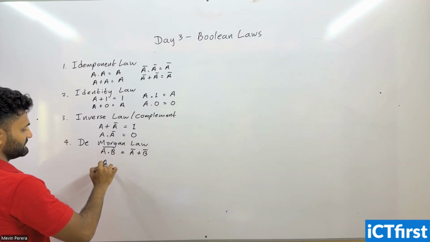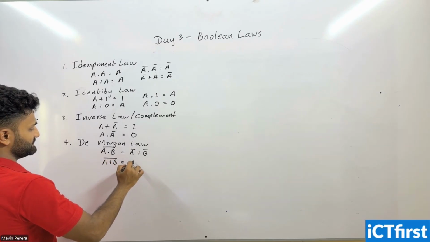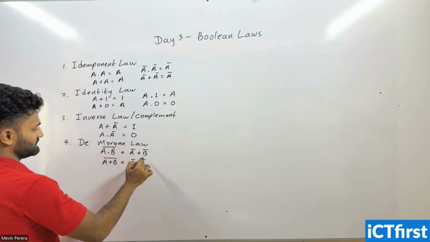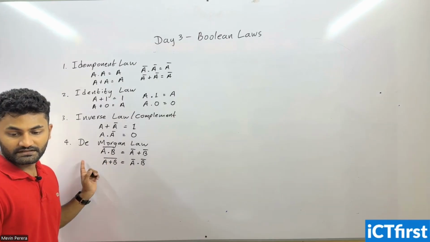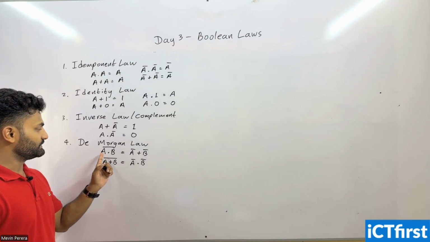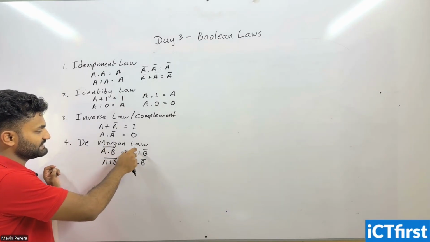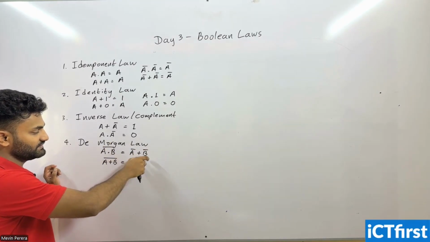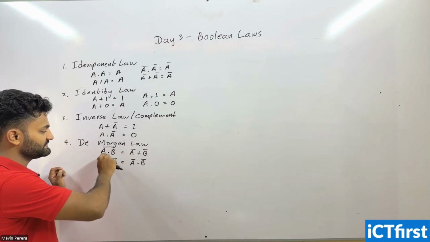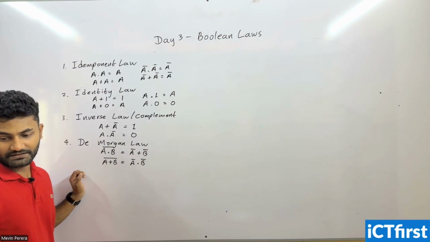Then A plus B whole bar is equal to A bar dot B bar. So the bar is divided into the two sides, and the middle one will change: dot becomes plus and plus becomes dot.